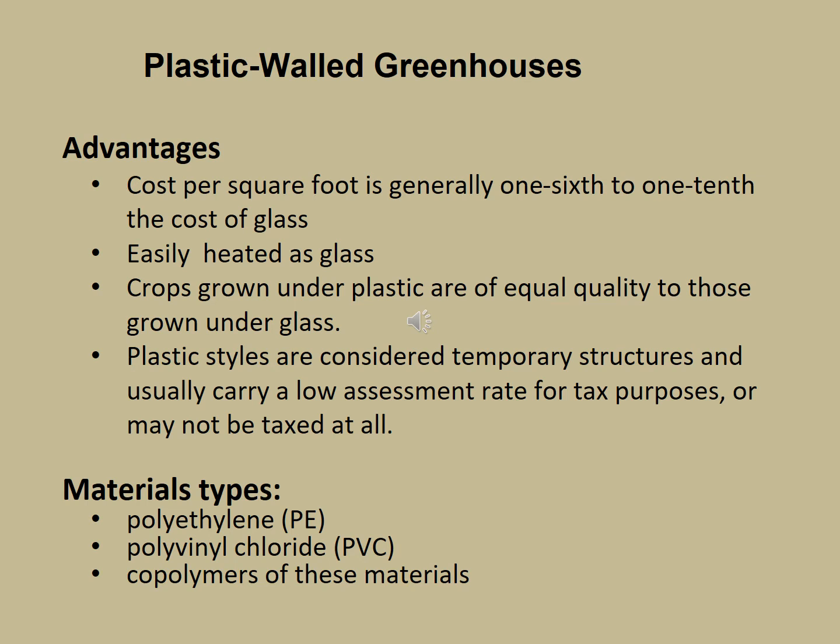And the plastic styles are considered temporary structures and usually carry a low assessment rate for taxes. So if you put a glass greenhouse in, they often are considered a permanent structure and have to be assessed for taxes, and it can be a little bit hard to even permit them. The three different types of plastic walled greenhouses are polyethylene, PVC, and copolymers of those two.